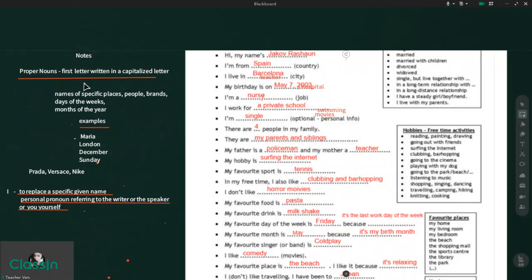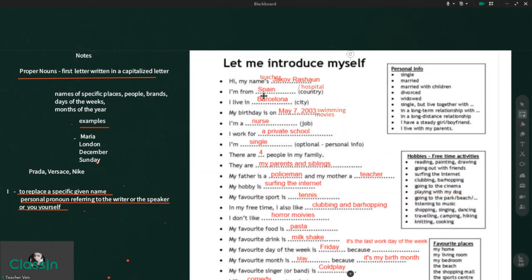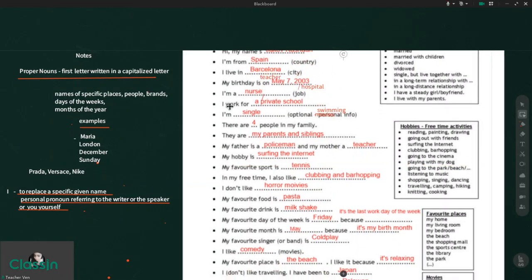Proper nouns, first letter always written in a capital letter. Your letter I, if you have to say I am from Spain, I live in Barcelona, for example, your letter I, because you are talking about yourself, right? You are the speaker, so your letter I has to be capitalized, okay?